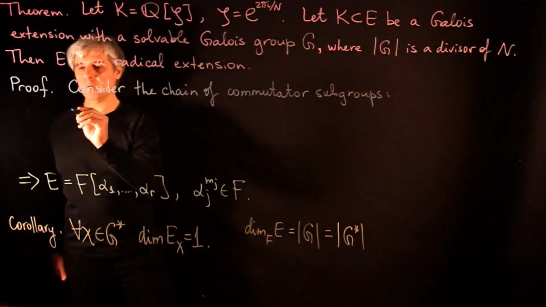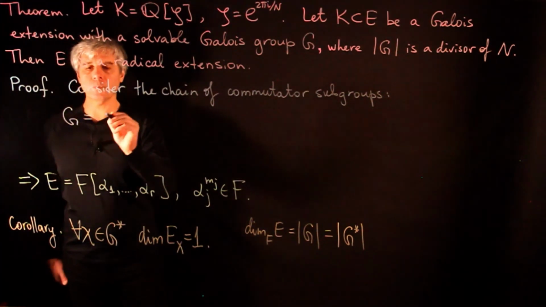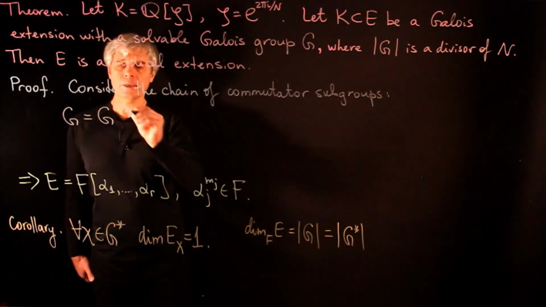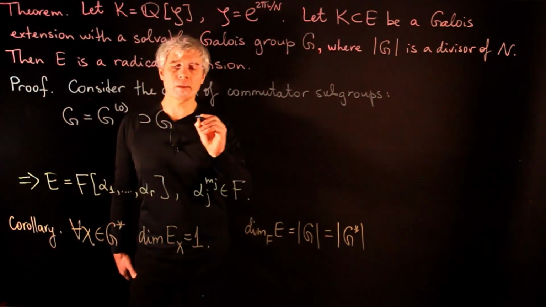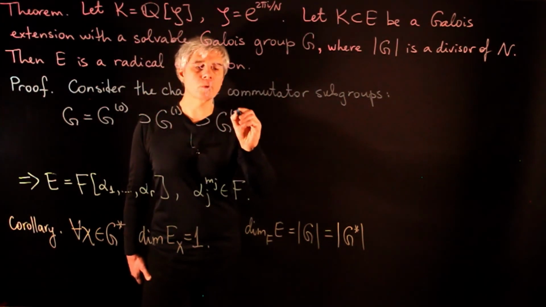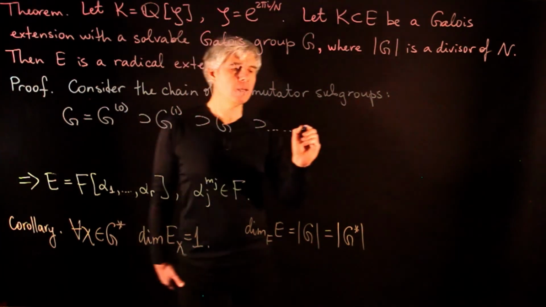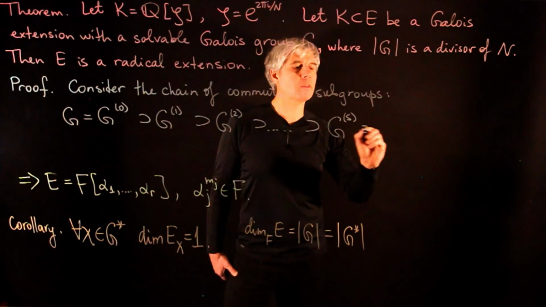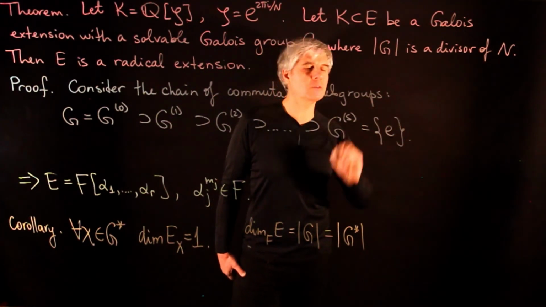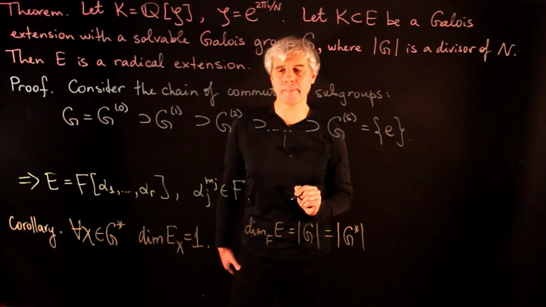So here we have the group G, which we will call G0. Inside we have the first commutator G1, then the second commutator G2, and so on. And after s steps, we will hit the identity subgroup. So this is the definition of a solvable group.